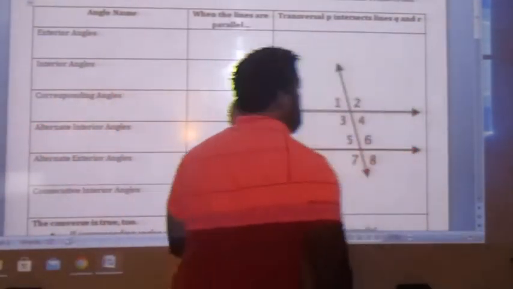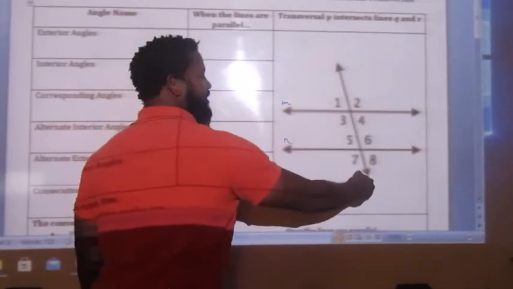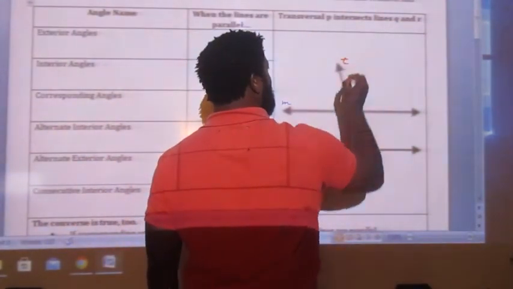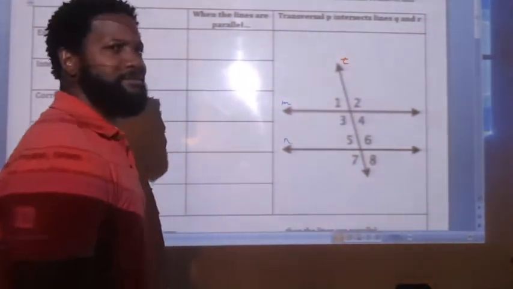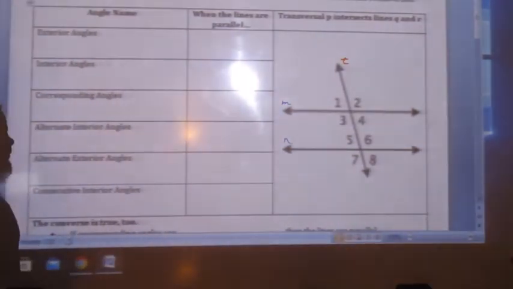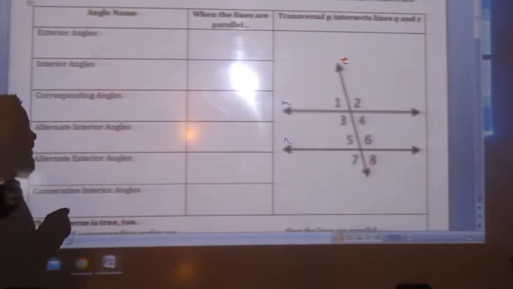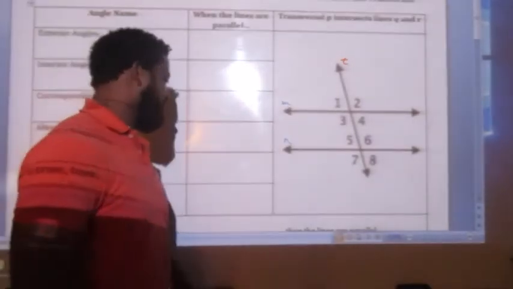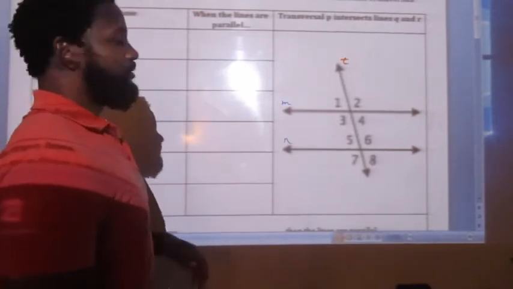And let's call this line that's cutting through them T for transversal. Okay? M and N, and you have your T for transversal. Alright? Hopefully there's not too much of a glare of that.